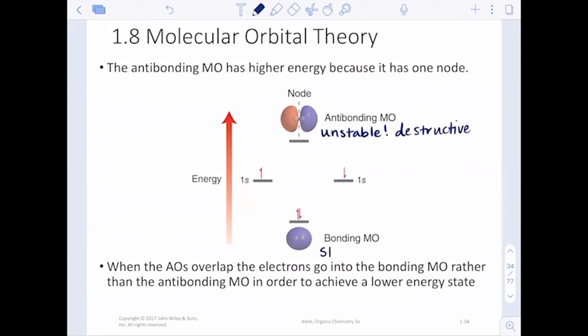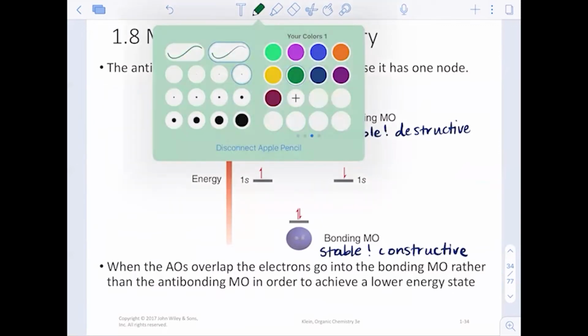Over here, bonding, stable. It's the constructive interference. Now, there's a couple of other things that we're going to talk about later on that I just want to make sure that we present.